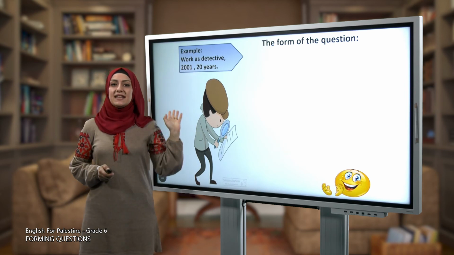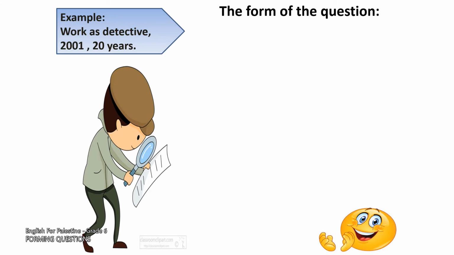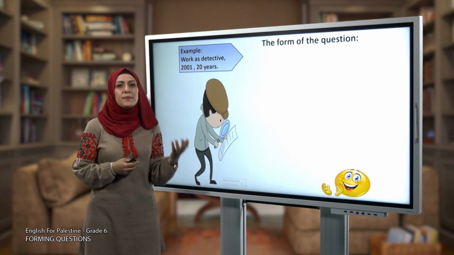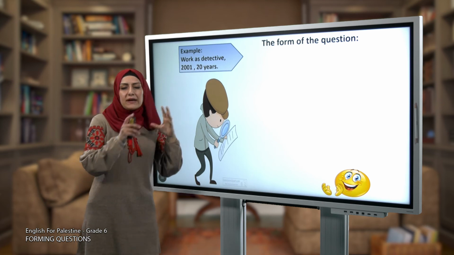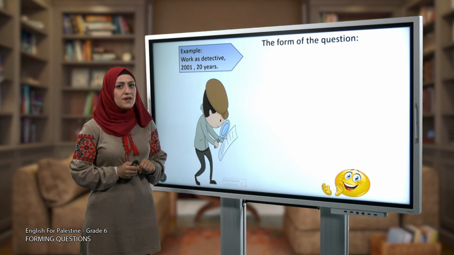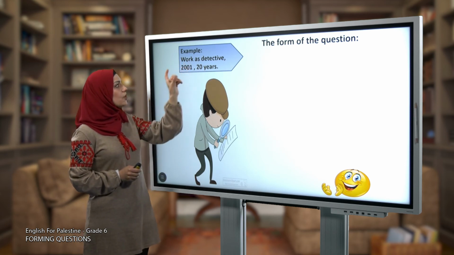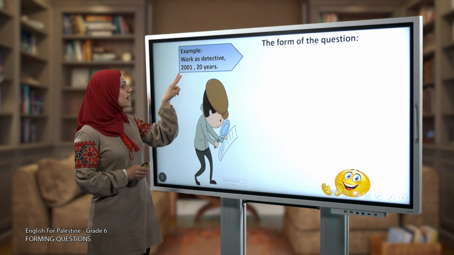Now let's look at another example. Here, this man works as a detective. You know what detective means? It means the man or woman who works to find the crime, the criminal who killed someone, who stole the money. This is a detective. He works with the police. Now, this man works as a detective. We have 2 time expressions.